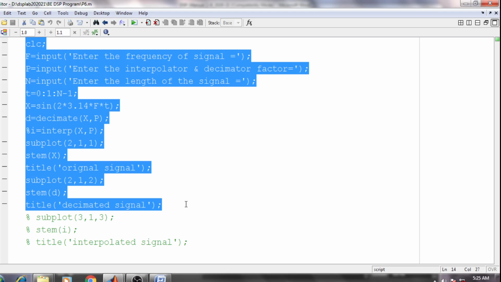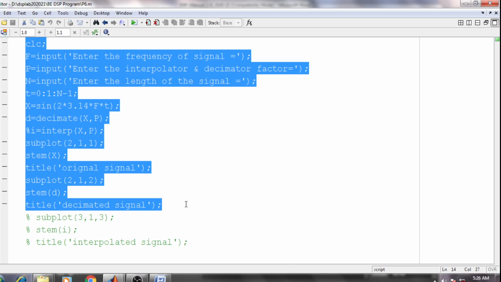Similarly, n will be the length of the signal. The fourth statement tells you that we are going to plot the signal from 0 to n minus 1. So it is written as t is equal to 0 colon 1 colon n minus 1. If you put it in the MATLAB prompt, only t is equal to that, that many values will be given for those values.